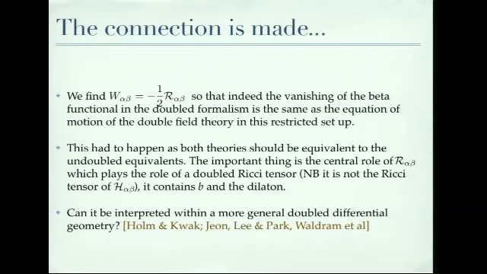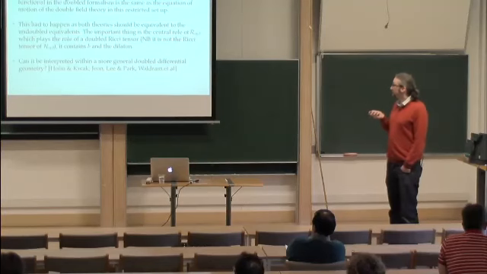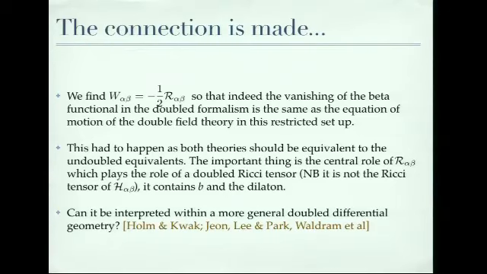So this is just saying that the double field theory is like an effective field theory for the double formalism on this class of backgrounds. Now, this kind of had to happen because we've said before that both theories are equivalent to the undoubled theory. But the important thing is that this generalized Ricci tensor is the central object in relating them.